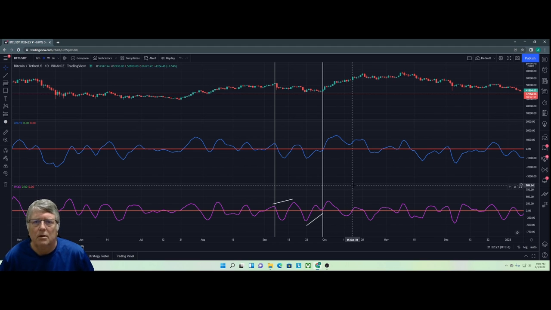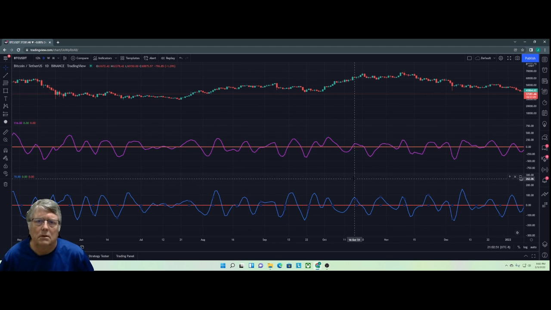So now I'm going to go into the next level, which is surge. With the surge oscillator, it's going to look a lot like the acceleration oscillator. You're going to see the highs, the lows, but every once in a while you see a little bit of differences, like right here. You see higher highs here, but you see lower highs here.